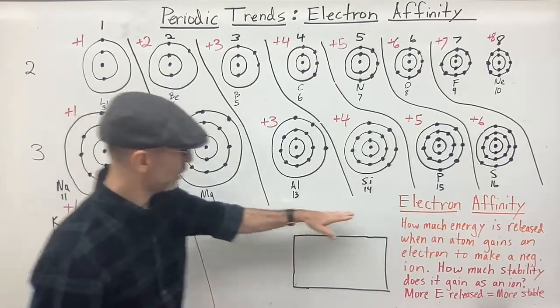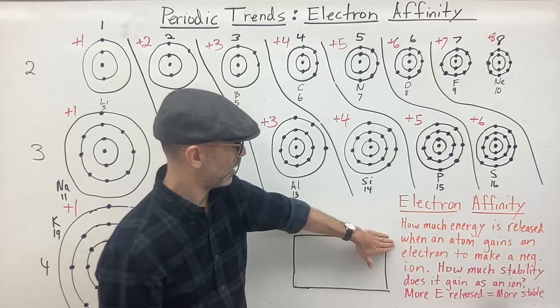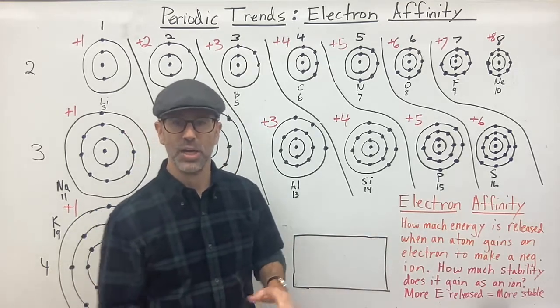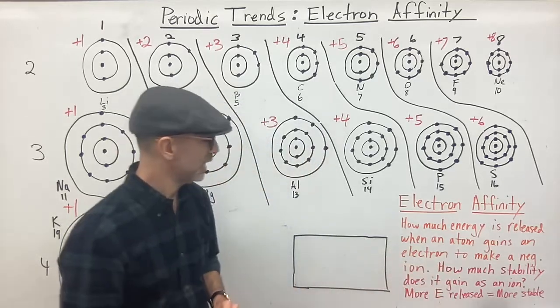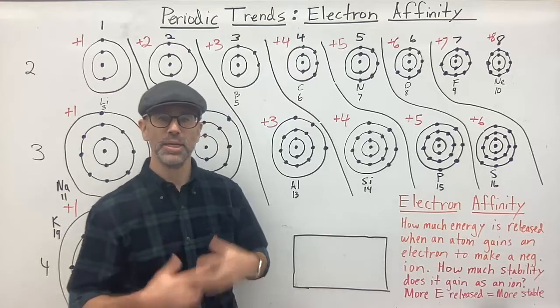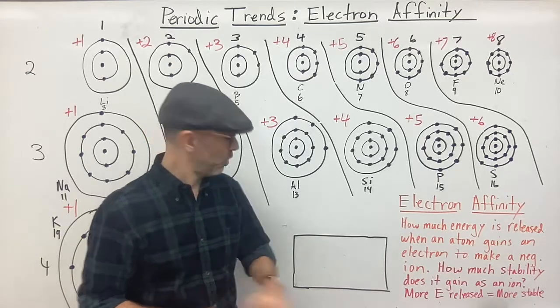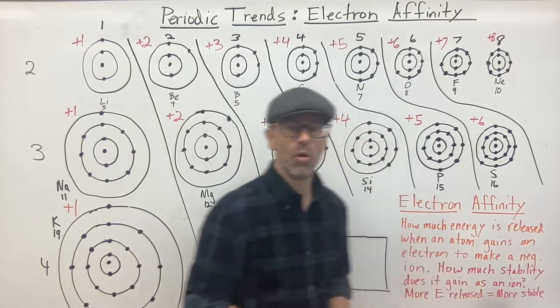So the electron affinity is how much energy is released when an atom gains an electron to make a negative ion. Another way to put that is how much stability does the atom gain by becoming an anion? The more energy that's released, the more stable.